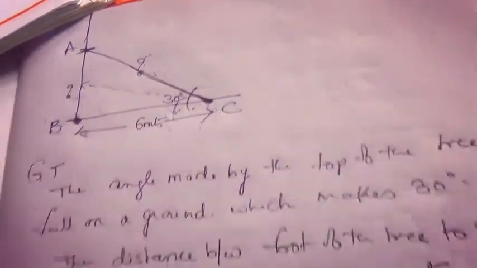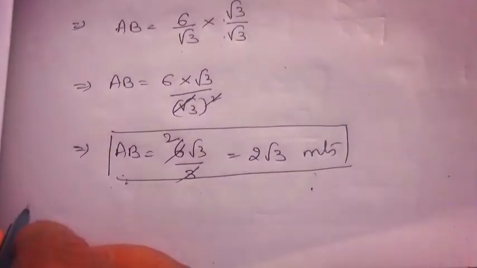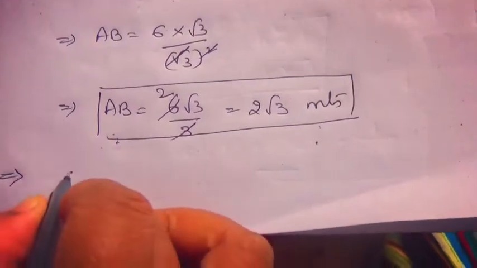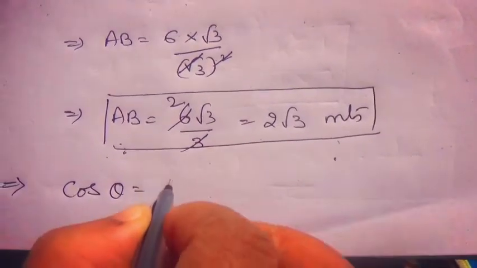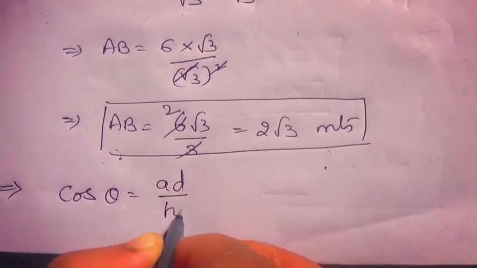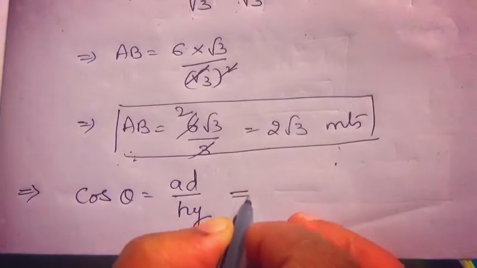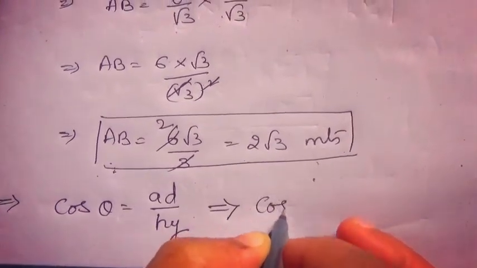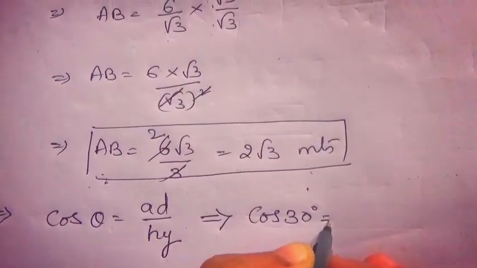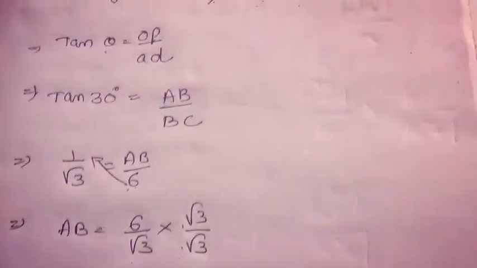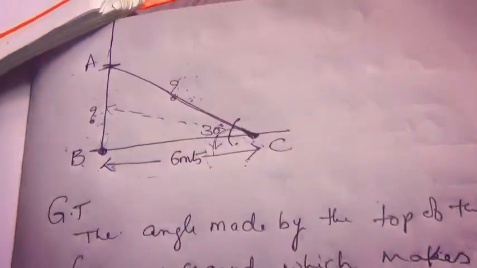That is cos theta, right? That implies cos theta is equal to adjacent by hypotenuse. That implies cos 30 degrees is equal to adjacent, BC, by hypotenuse, AC.